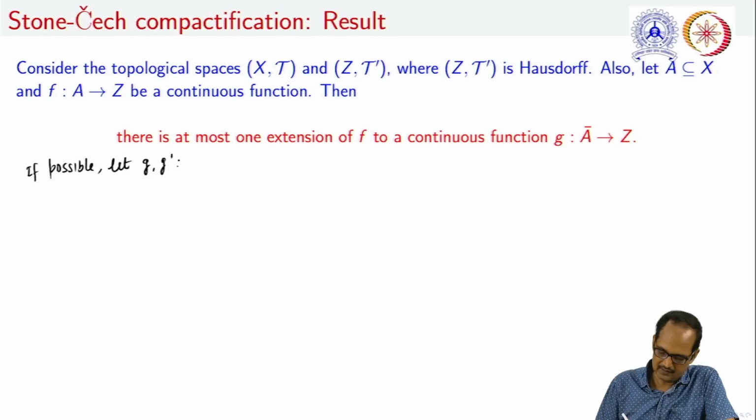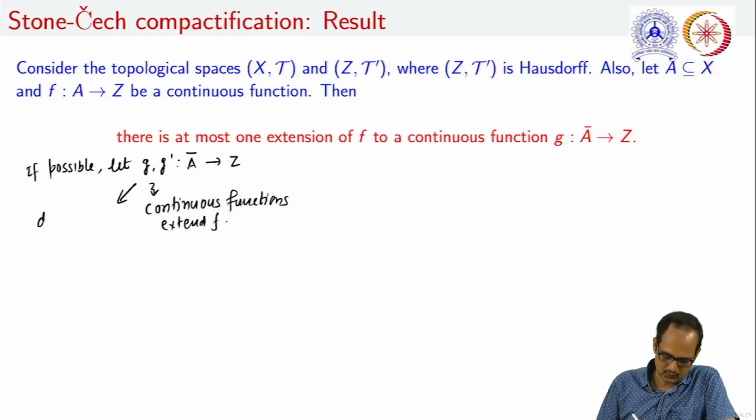So g and g dash are two maps from the closure of A to Z. These are continuous functions and these extend f, and we are taking these two as different.